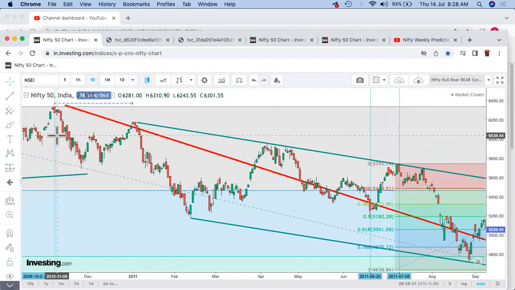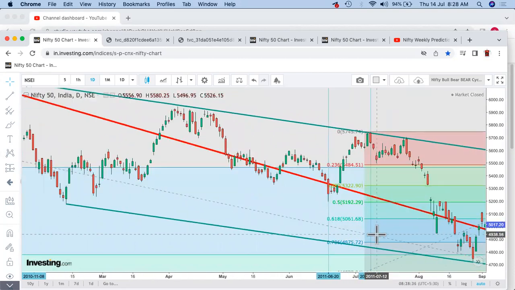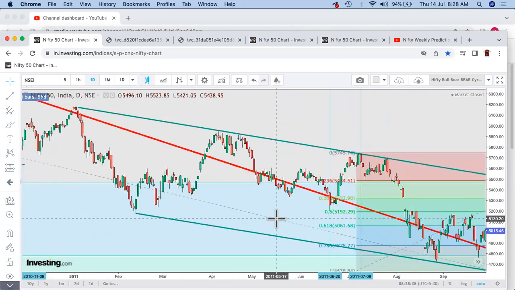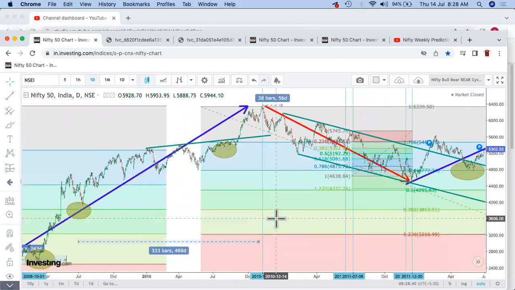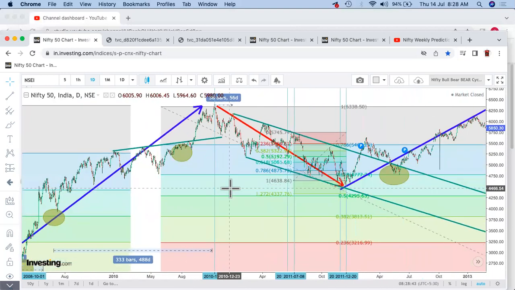Right. So this was my high, and after that, yes, this was my low. I need to have my Fibonacci placed.